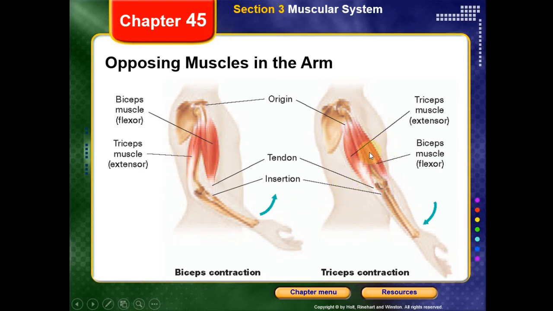When you pull back your hand or put down your arm, it's the opposite. The triceps will be the extensor and the biceps will be the flexor. So they are opposing each other. This is the biceps contraction, this is the triceps contraction.